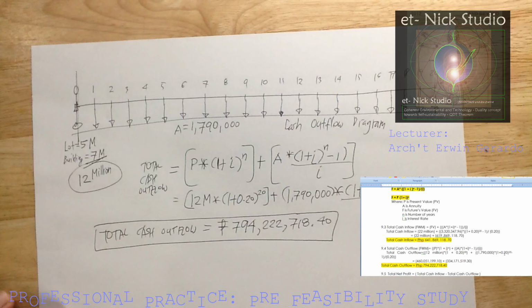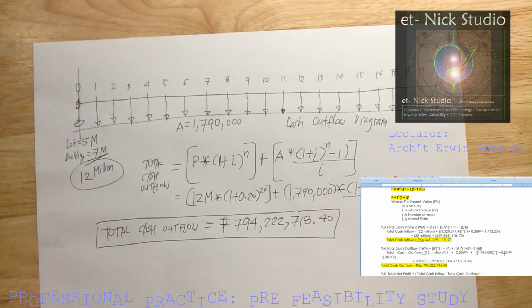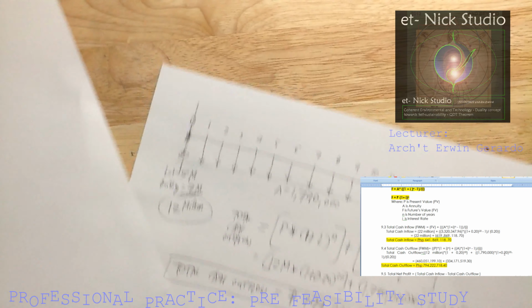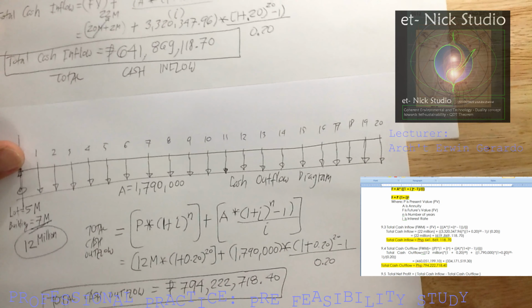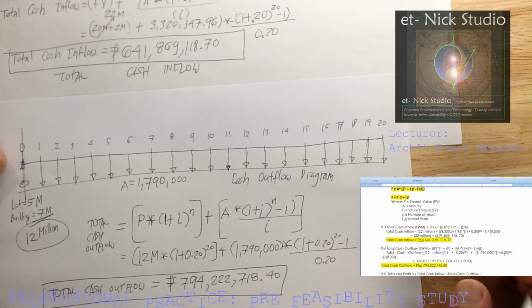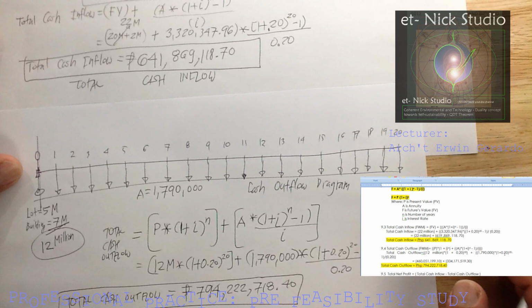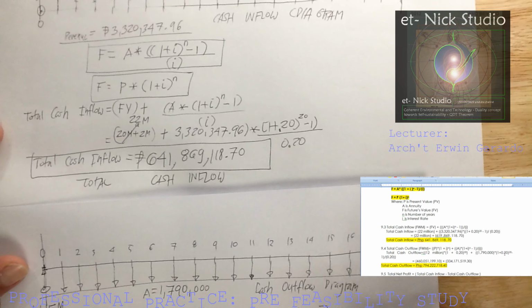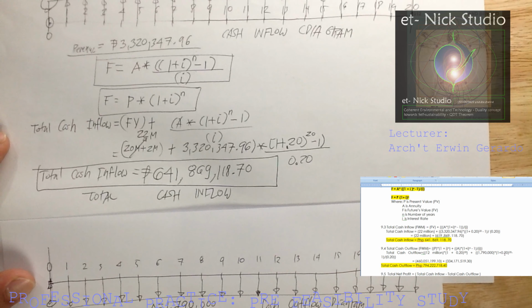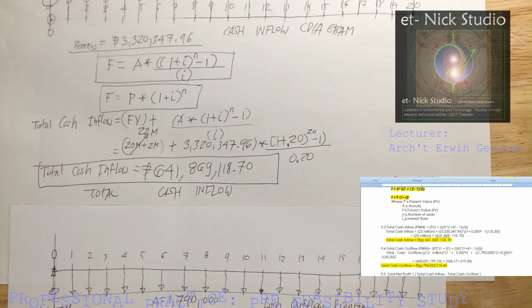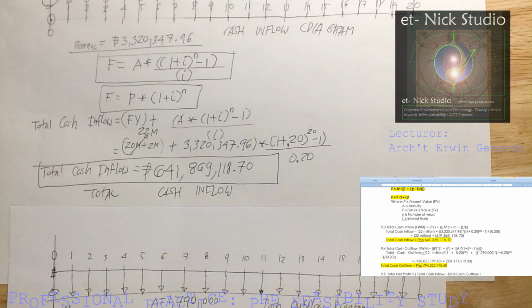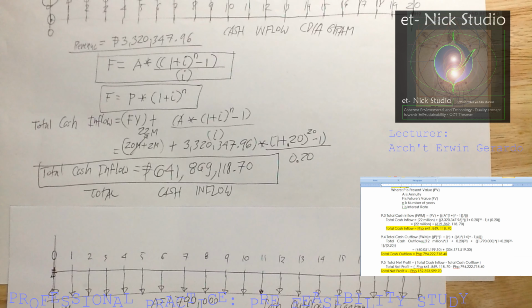Let us consider here how much is the total cash inflow and the total cash outflow. So take note that our total cash inflow here is 641 million.